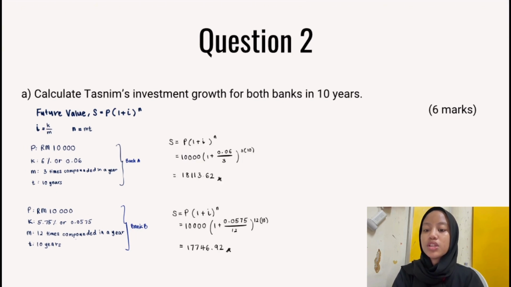After we substitute it in the future value formula, for Bank A, we will get 18,113 ringgit and 62 cents. For Bank B, we get 17,746 ringgit and 92 cents.